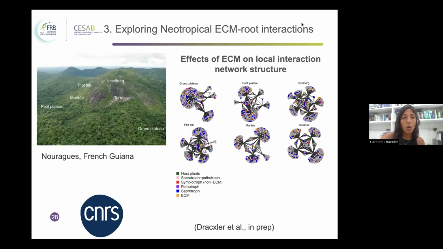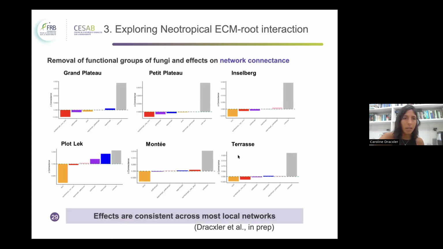And what is also interesting is that when we look at the different sites in the same forest, so now looking at the effects of removing ectomycorrhiza from these different 6 plots, we found pretty much the same effect across these local networks, except for the Grand Plateau and the Petit Plateau, where removing ectomycorrhiza had the weakest effects.